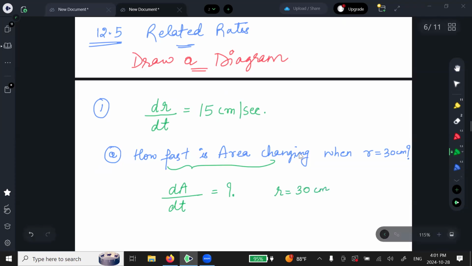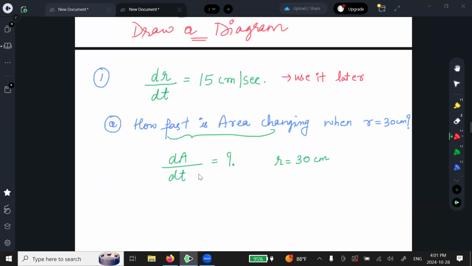Now you're given this, so you will use it later. But what is the area of a circle? Pi r squared. I might give you this formula in exam. Area is pi r squared. What is the derivative?